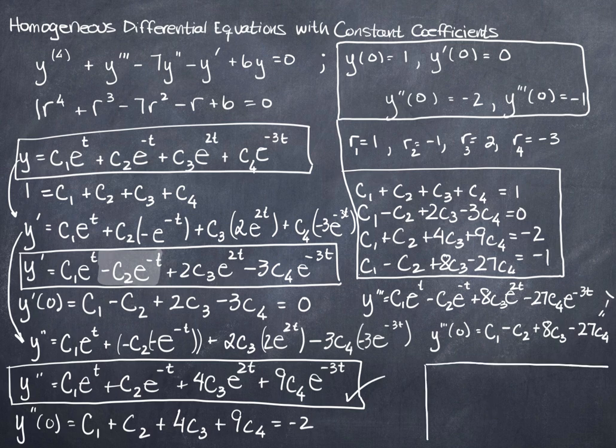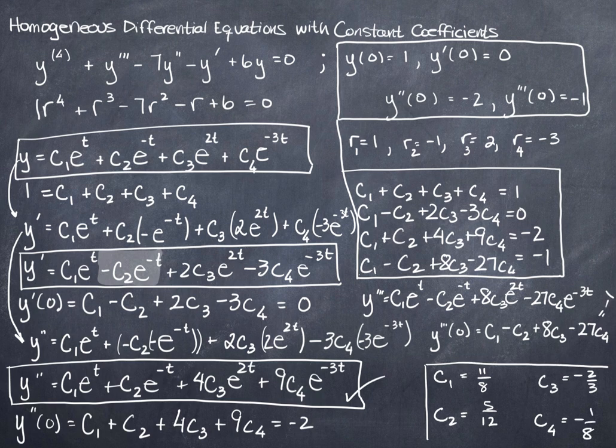So all of my work here culminates in this. C1 is 11/8. C2 is 5/12. C3 is -2/3, and C4 is -1/8.